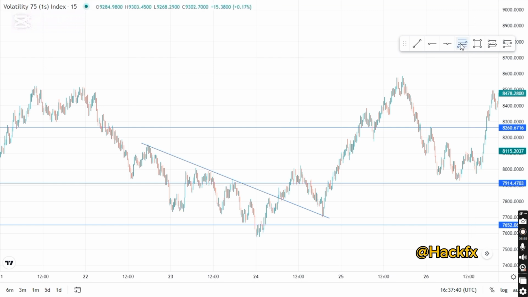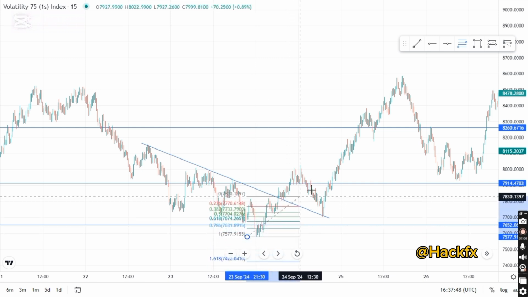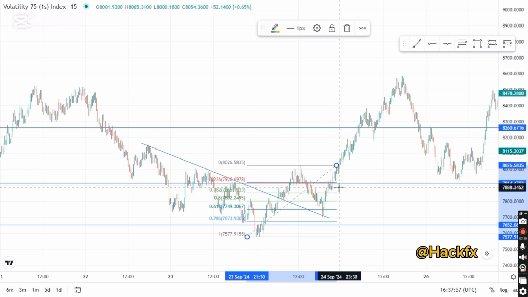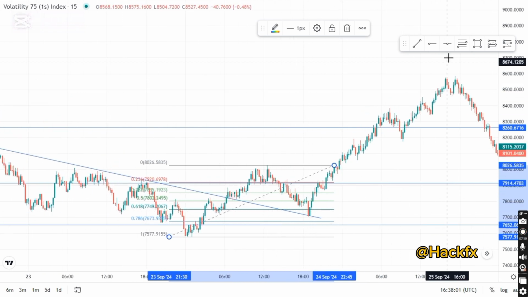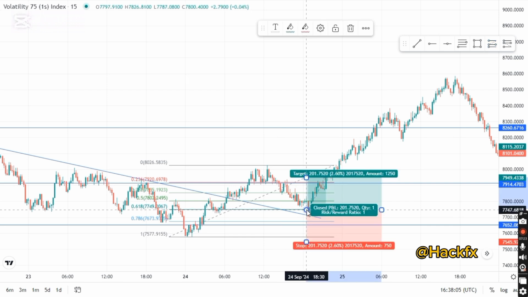So once again, we'll take our Fibonacci retracement tool and place our 100 at the previous low and our 0 at the highest point where it moved after the breakout. Watch, guys, 61.8 is the same place we're taking our entry.